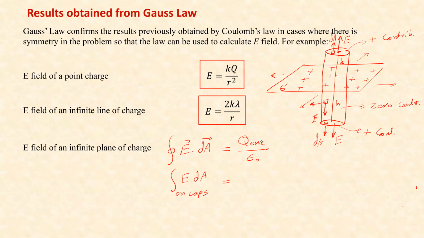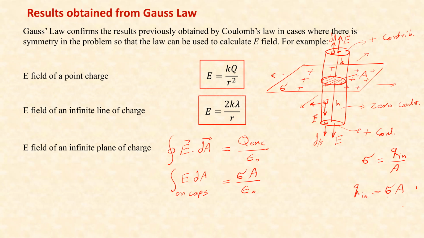What is the total charge enclosed? This part of the plane is inside the cylinder, and if the area is A, because sigma is Q over area, then Q inside is equal to sigma times A. So it becomes sigma times A over epsilon naught, right?